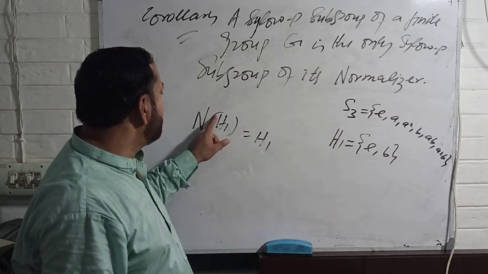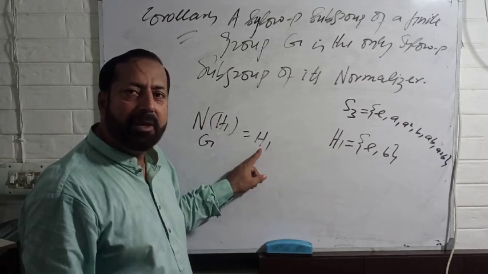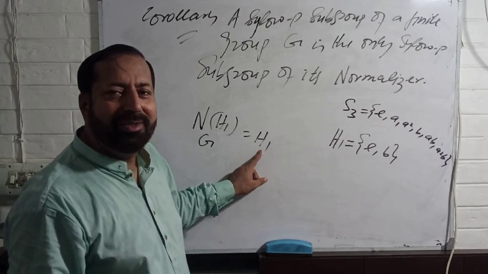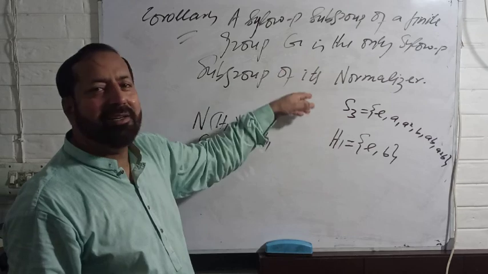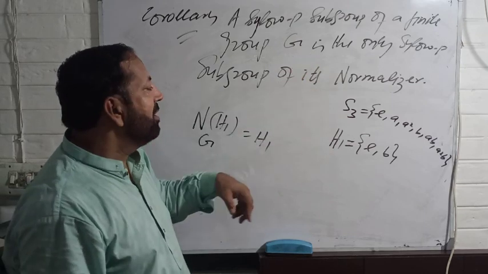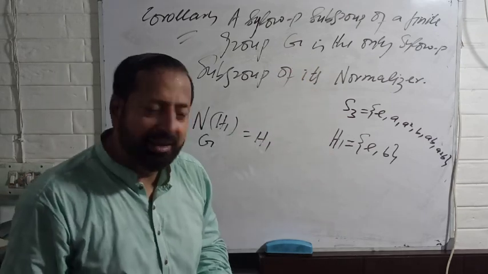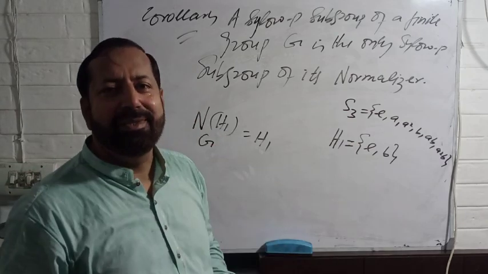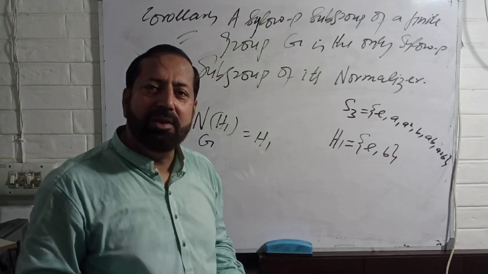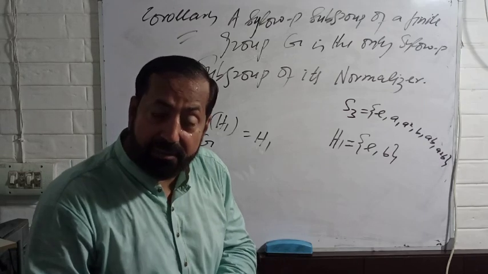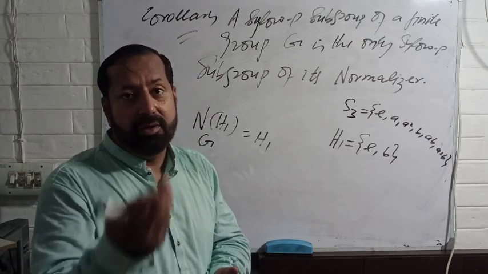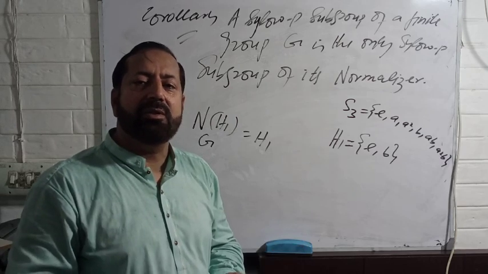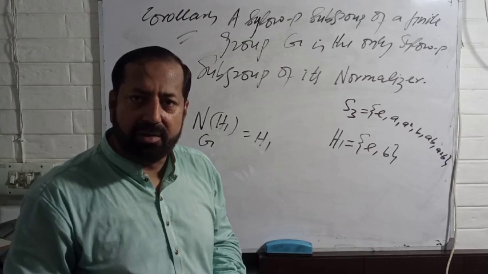If the normalizer of H1 in G is S3, and S3 has three Sylow 2 subgroups, this would be against the result. That's why I can write directly that the normalizer of H1 in G is in fact H1 itself. Because normalizer is a subgroup, either it should be H1 itself or it should be S3, because the order of a subgroup is a divisor of the order of the group.